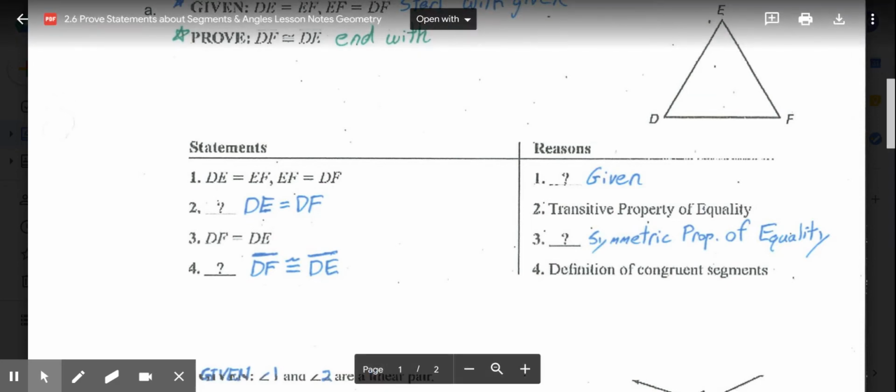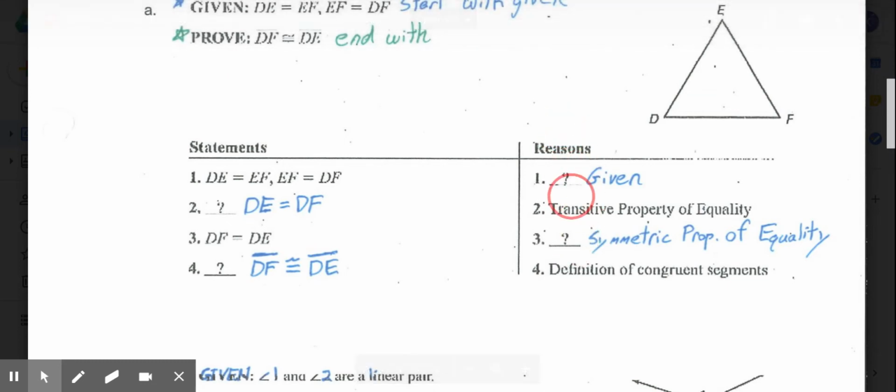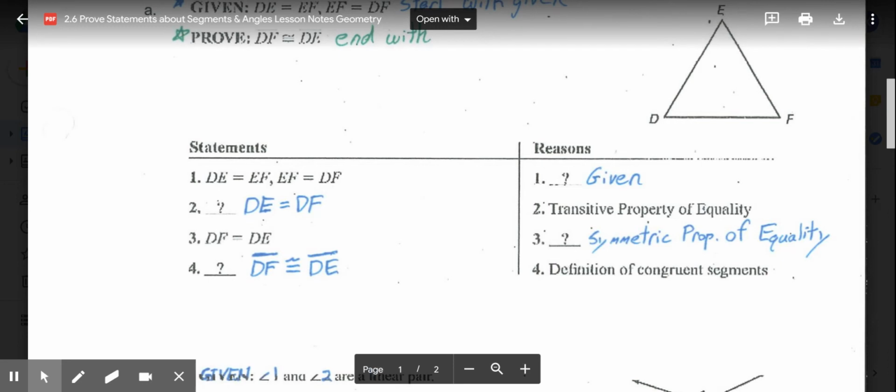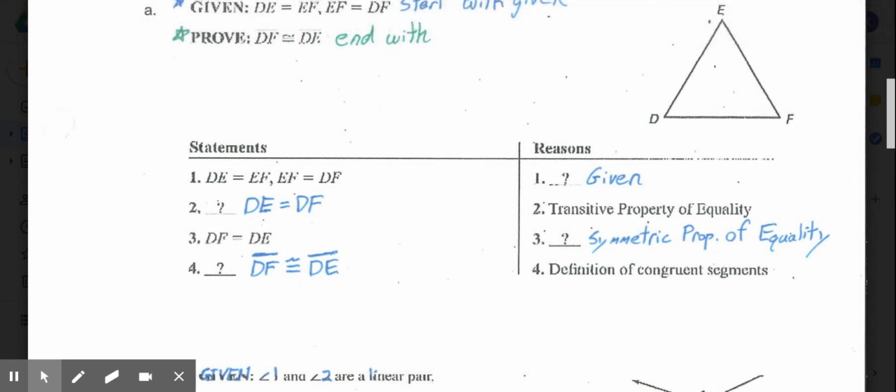What you'll notice over here is that your reasons can be properties. They can be definitions. They can be given information. And as we keep going, you'll realize some of our reasons can also be postulates or theorems.